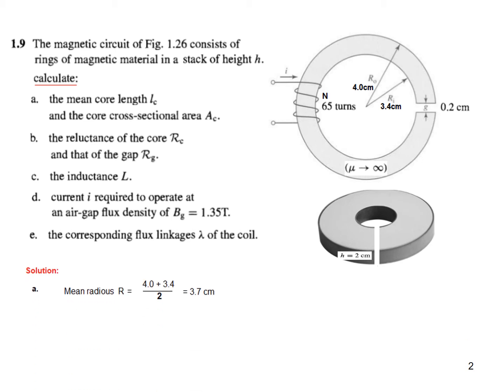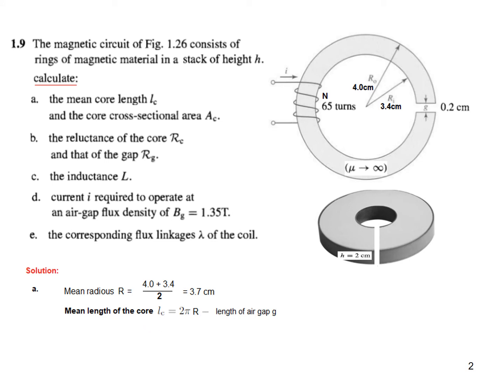So first let's find out the mean radius. We add the two and divide by 2, so we get a radius which is somewhere here in the middle of the two. We'll use that radius, which is 3.7 centimeter, to calculate the core length.